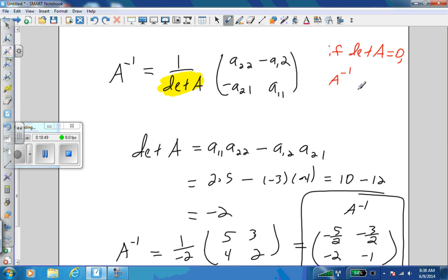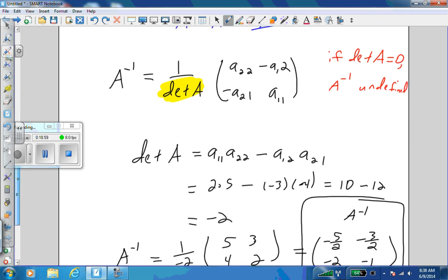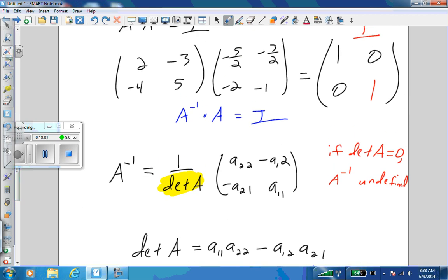So A inverse is undefined. Now we've only defined determinants for a 2 by 2 matrix. The way we get a determinant for a 2 by 2 matrix is to multiply along the main diagonal, multiply across this diagonal, and subtract those results. So 2 times 5 minus negative 4 times negative 3.